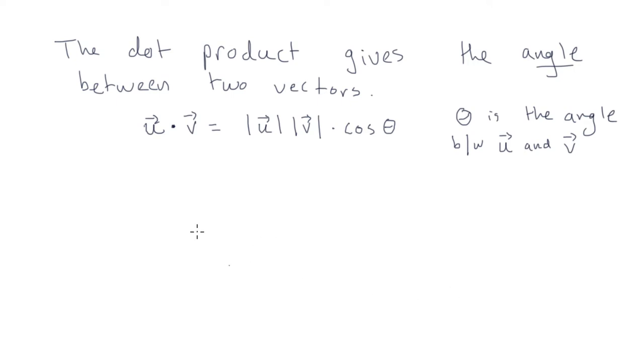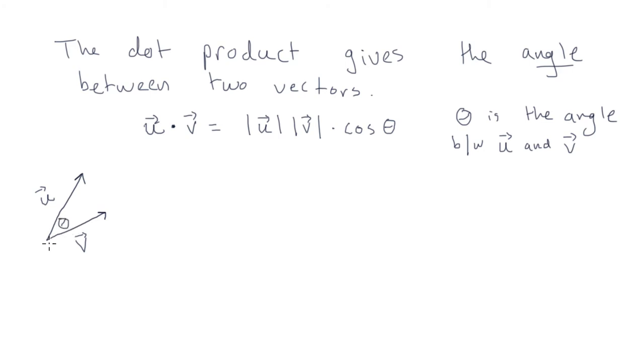Okay, and why is this the case? Well, we can see this by using the law of cosines. If I have this vector u, and this could be in space or in the plane, and I have this vector v, here's the angle between them.